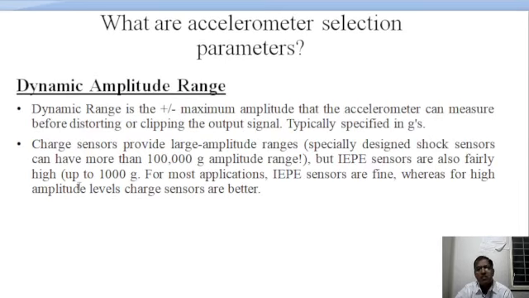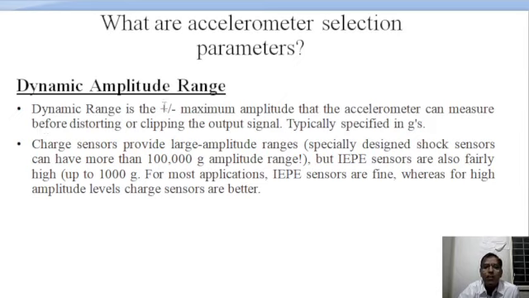Then next is dynamic range or dynamic amplitude range. Dynamic range is the plus minus maximum amplitude that the accelerometer can measure before distorting or clipping the output signal, typically specified in G's, that is acceleration due to gravity. So the maximum limit of amplitude which a sensor can measure is termed the dynamic range.